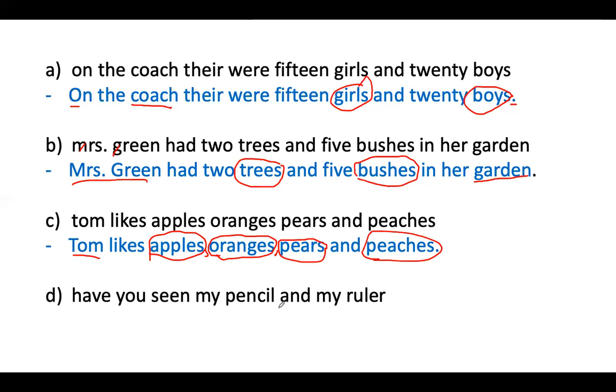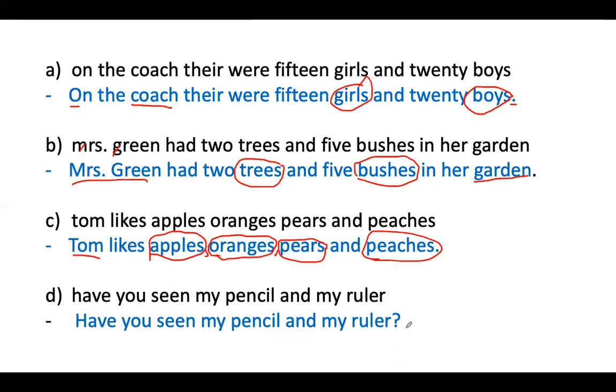Have you seen my pencil and my ruler? Now, have, H is the first letter of the sentence, so we have to make it capital. And what we'll put here? Question mark or a full stop? Have you seen my pencil and my ruler? This is a question, so we'll put a question mark in the end.